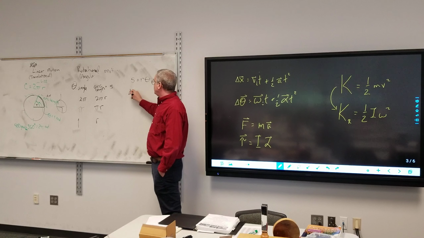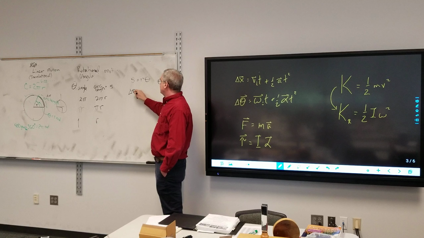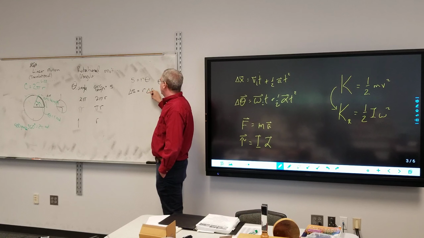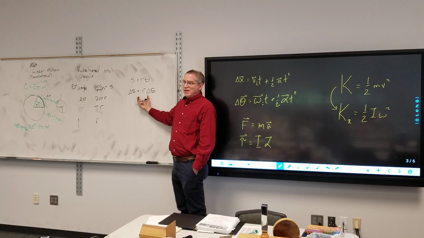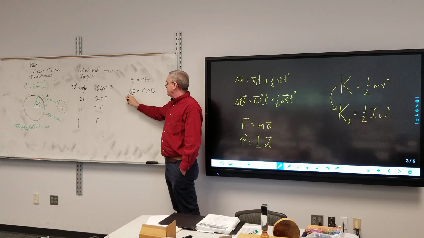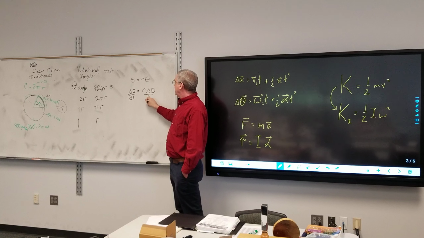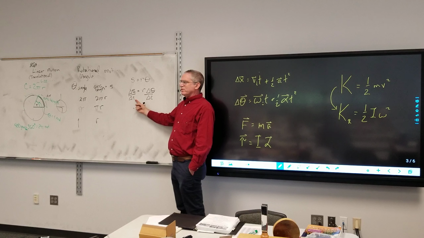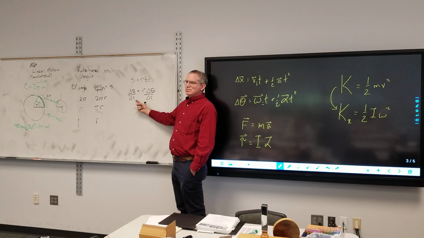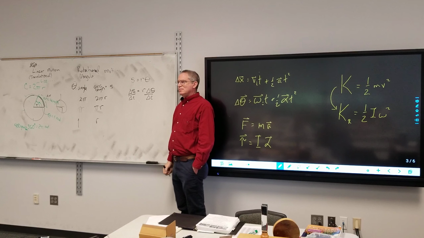So if I just do the change in that distance over, well, the radius doesn't change, but the angle does. So I've got this relationship. And it takes them a certain amount of time. So if I just divide both sides by time, well, what is distance over time? Speed.